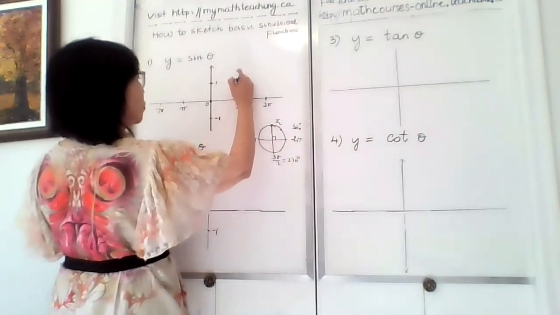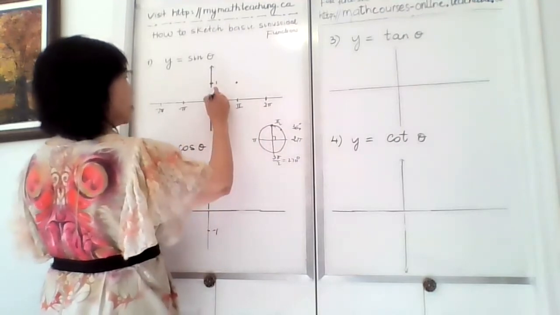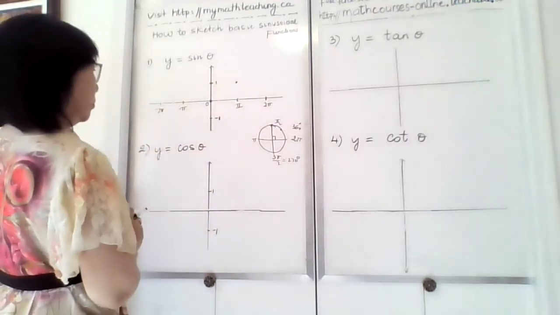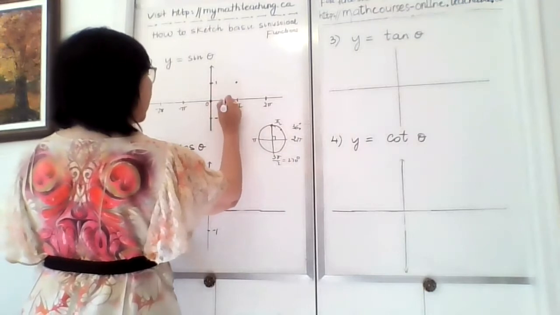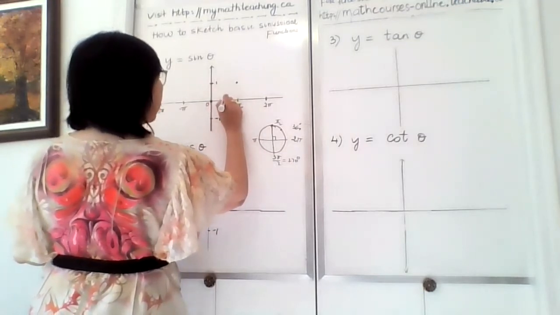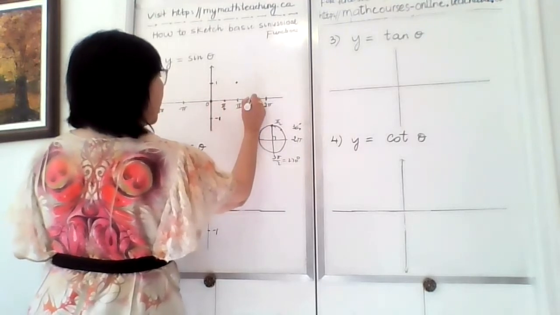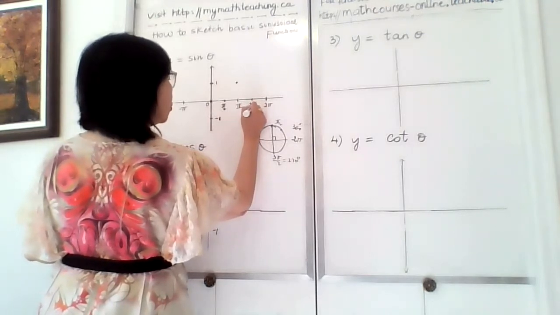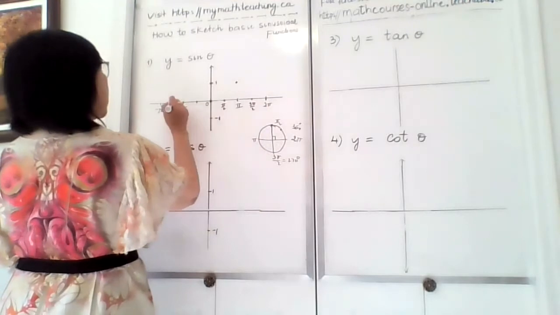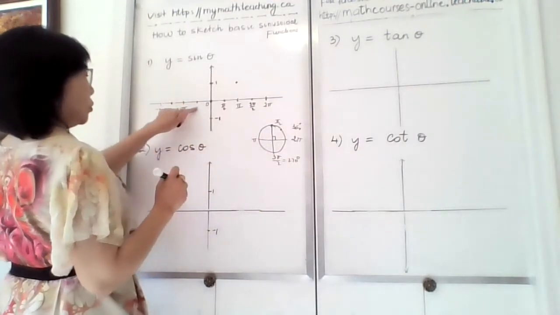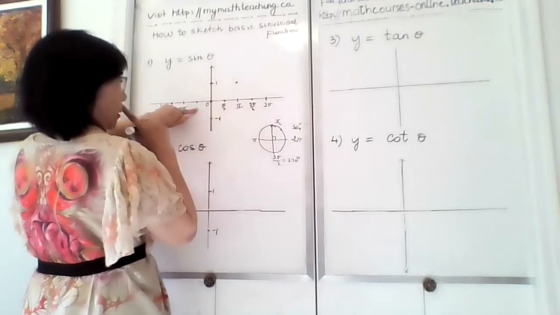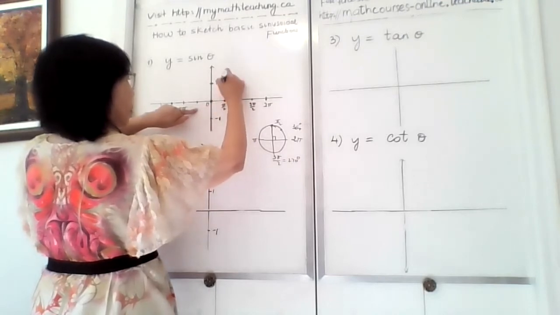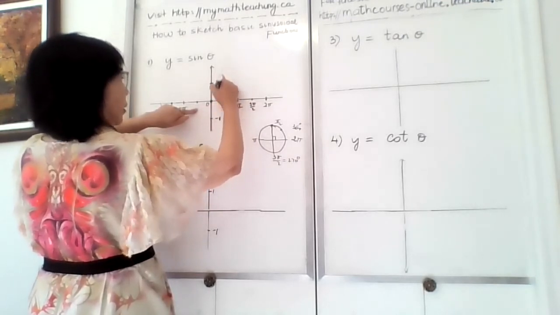The maximum will be at the top here, and we start from 0. If we divide 0 to pi in half, this will be pi over 2. If we divide between pi and 2 pi in half, this will be 3 pi over 2. The other side will be the same if we divide each by half. So the sine function starts from 0 and goes up to a maximum of 1.